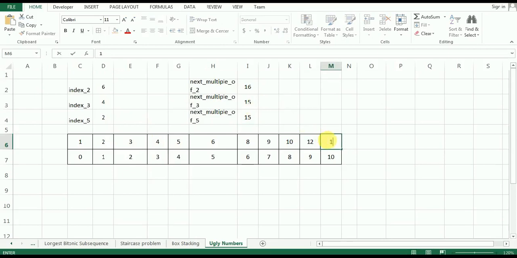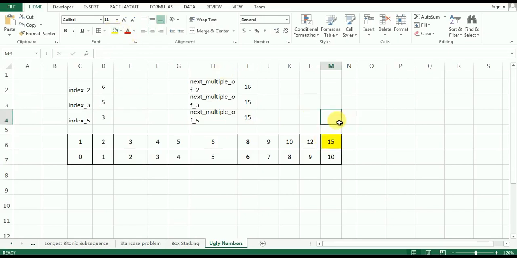I populate 15 over here, and since we have joint winners again, this index becomes 5 and this index becomes 3. We have got the ugly number at the 11th position, and that is what we were seeking as the solution of this problem. So we have our winner over here, number 15.